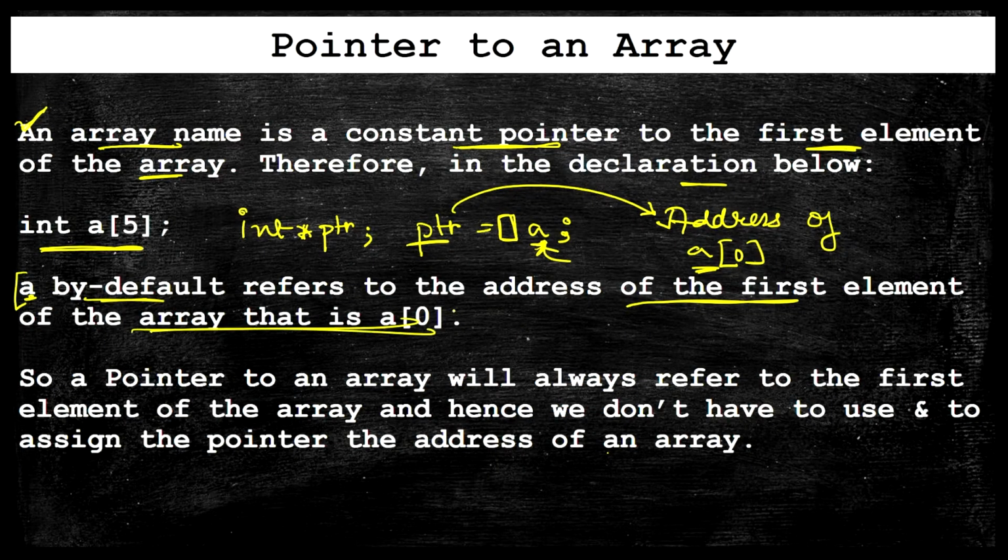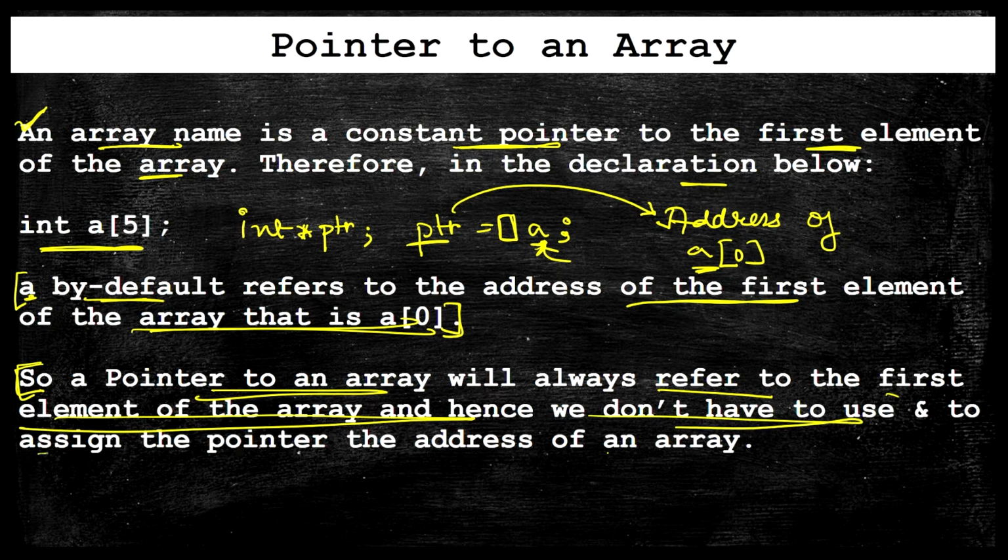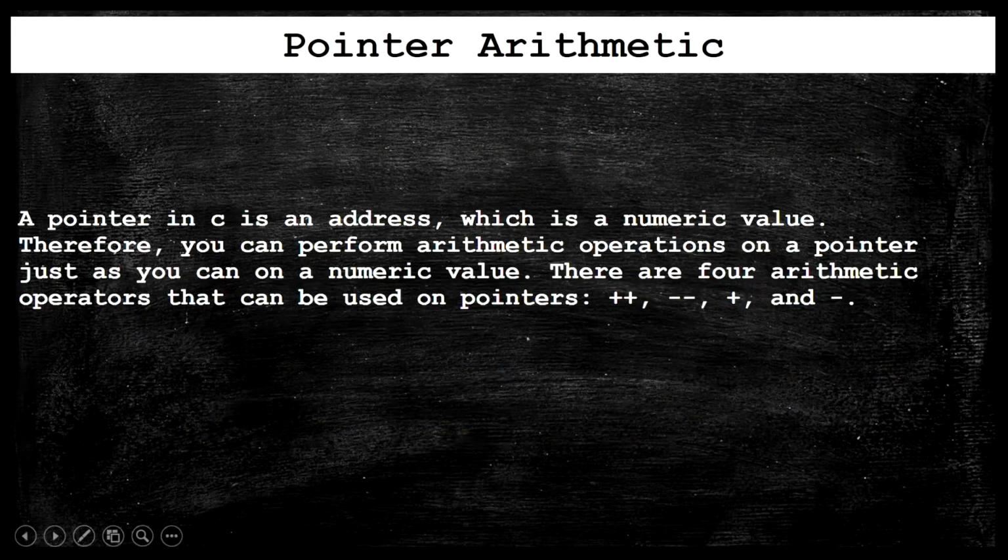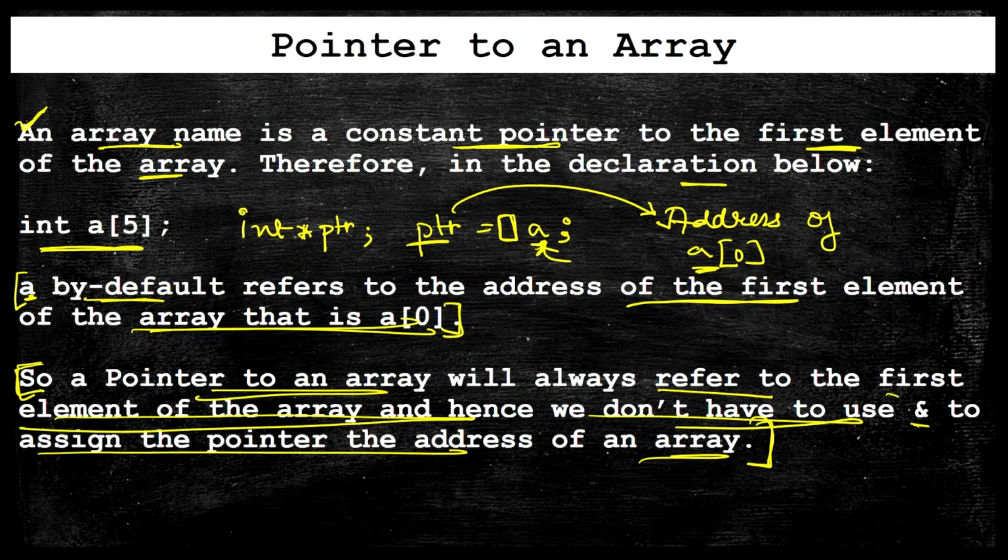Hence pointer to an array will refer to the first element of the array, and we don't have to use ampersand to assign pointers to store the address of any array.